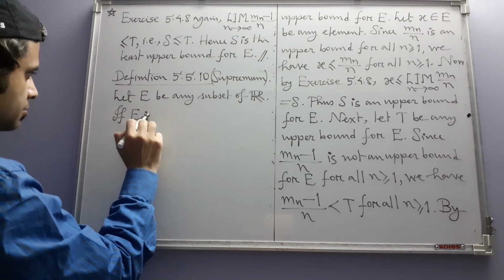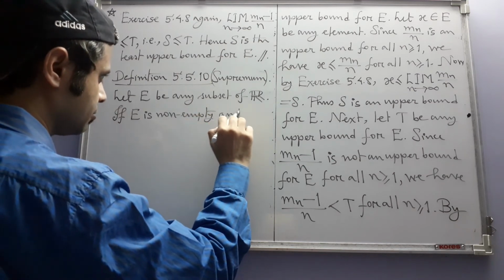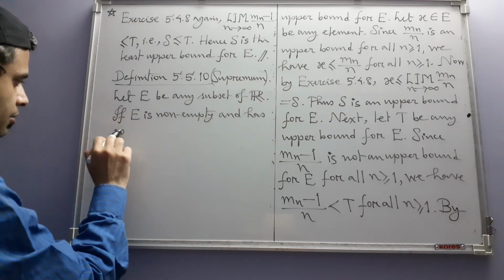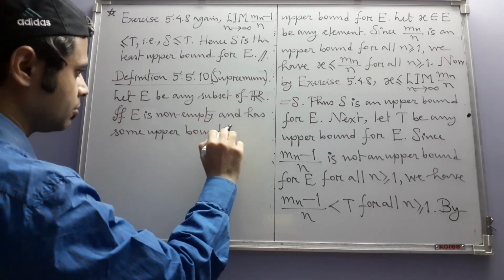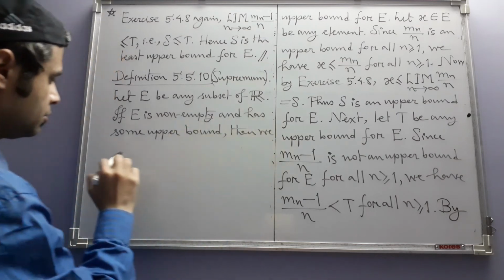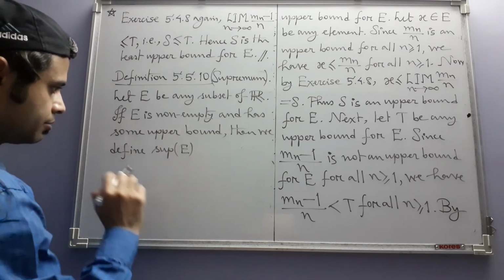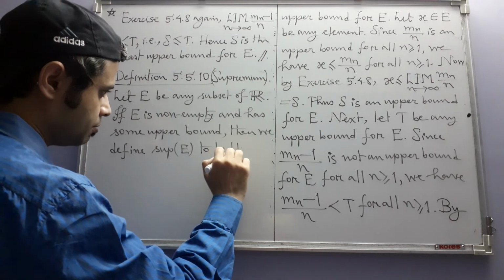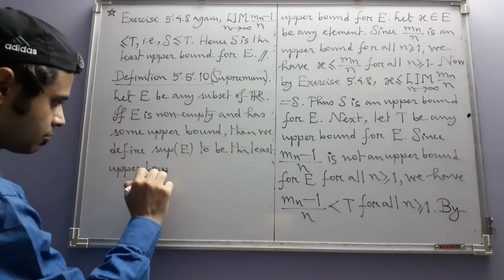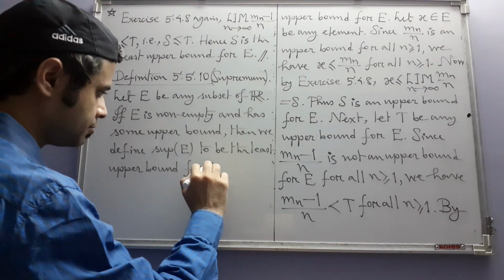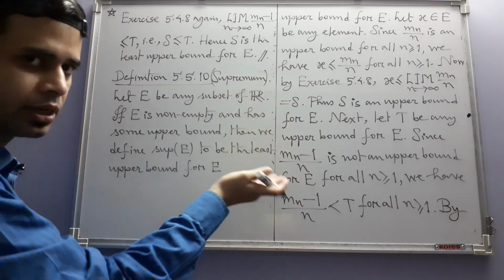If E is non-empty and has some upper bound, then we define sup E to be the least upper bound for E, whose existence and uniqueness is guaranteed by the theorem we have proved just now.